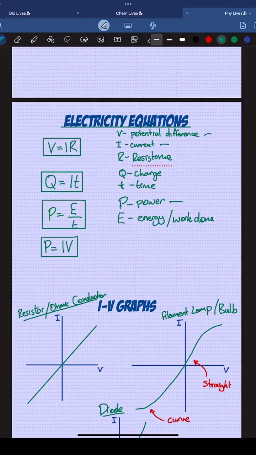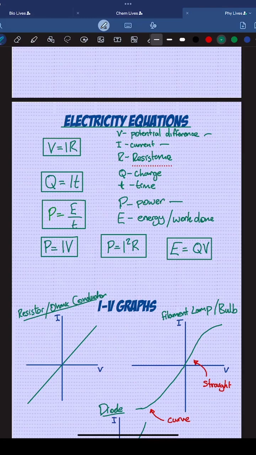The other power one is P is equal to I squared R. And there is one more that people often forget, which is the one for energy. There's another equation for energy. E is equal to Q times V. So there we go. Every equation you need to know for the electricity topic. That's everything there, 6 of them. And we've got what each one represents as well.